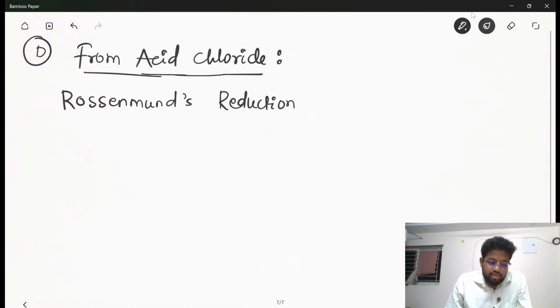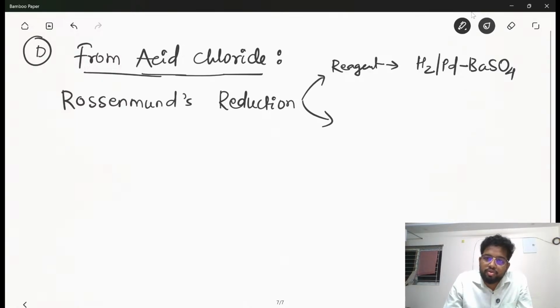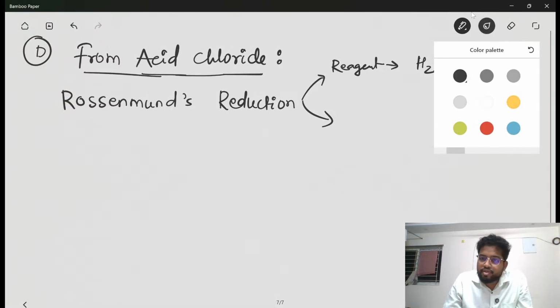Sir, what do you mean by Rosenmund reduction? Here you have to know the reagent of this reaction along with the solvent. The reagent is H2, Pd-BaSO4.